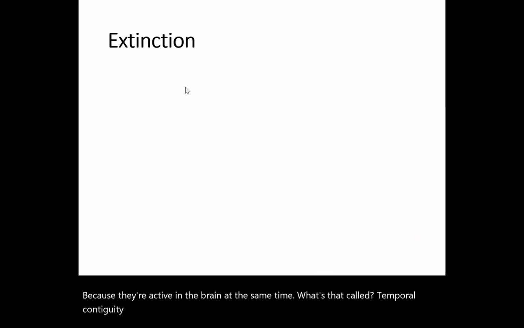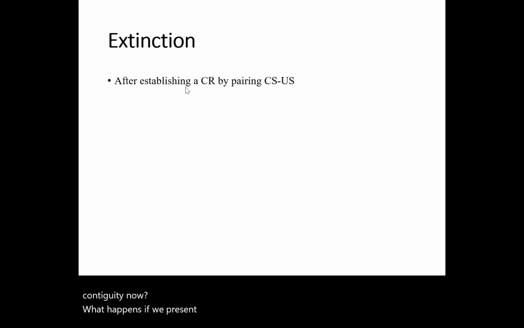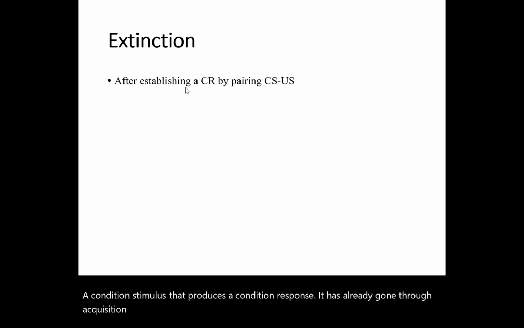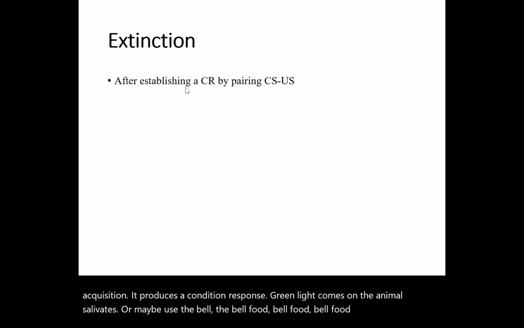Now, what happens if we present a CS, a conditioned stimulus that produces a conditioned response? It has already gone through acquisition. It produces a conditioned response. Green light comes on, the animal salivates. Or maybe you use the bell. The bell food, bell food, bell food. Now the bell makes the animal salivate.